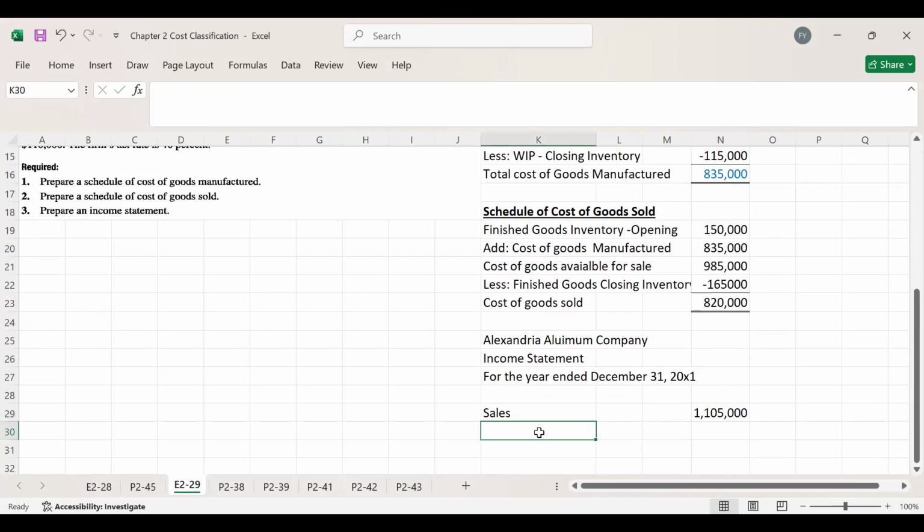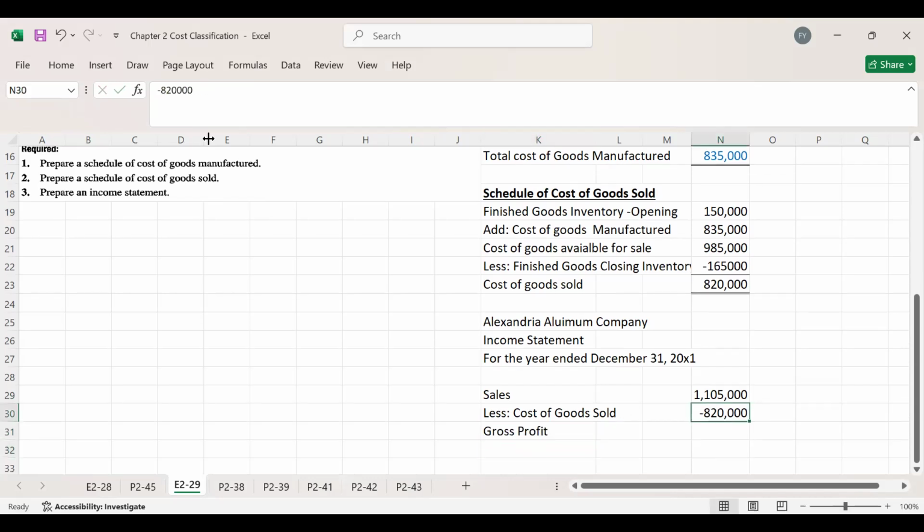And from sales we deduct less cost of goods sold, which we have calculated. So we deduct $820,000 in order to get gross profit.